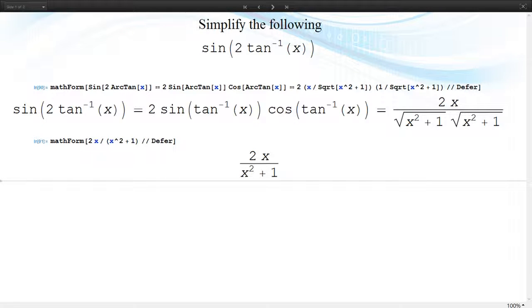There we go. So simplifying this trig expression gives us 2x over x squared plus 1.